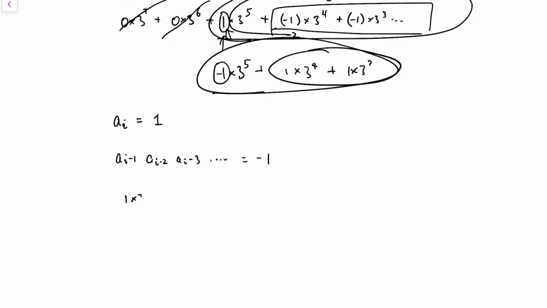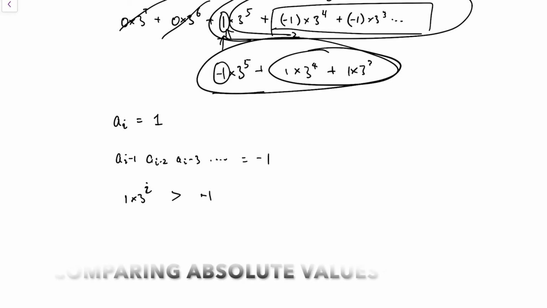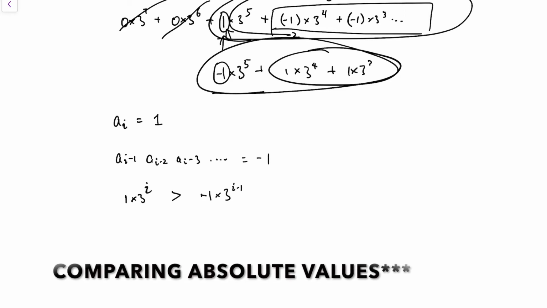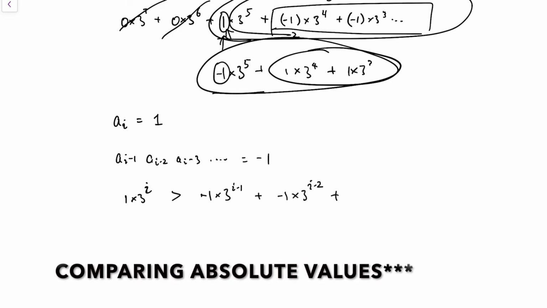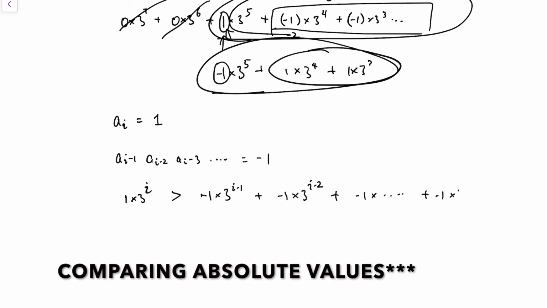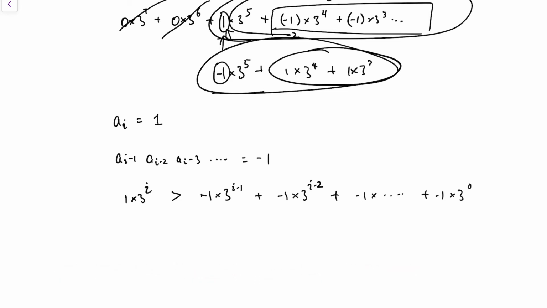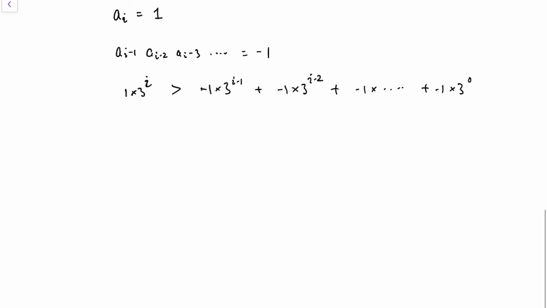So it's like 1 times 3 to the power of I, because we're using algebraic value now. 1 times 3 to the power of I, compare that, or we're saying that it's bigger than the sum of -1 times 3 to the power of I minus 1 plus -1 times 3 to the power of I minus 2 plus, all the way, plus -1 times 3 to the power of 0, which is 1, but we're trying to prove that this is true.